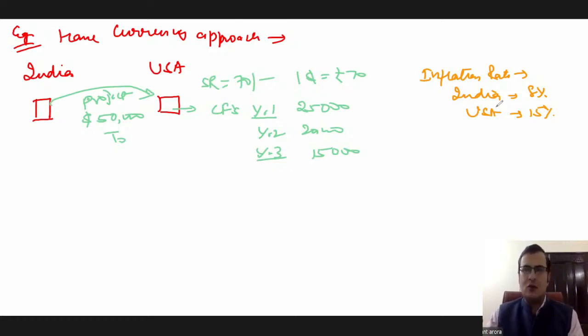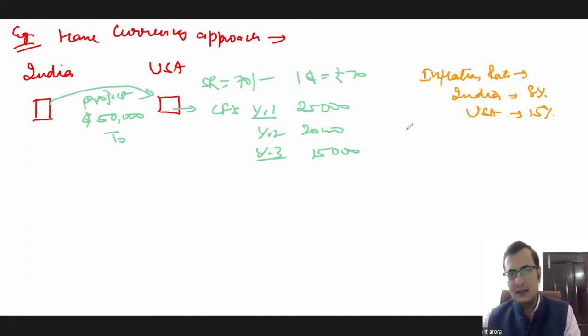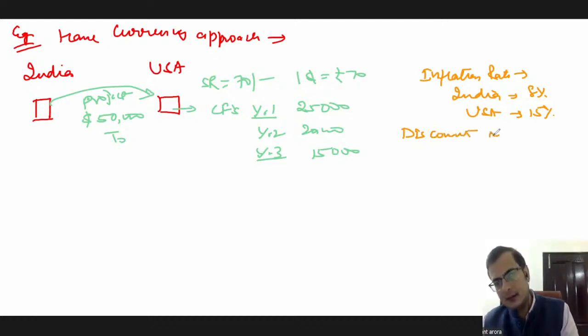And in USA, if you are getting, let's say, onion for rupees 100, you will get it at 115 rupees after 1 year. Do not get confused. And you are also given an interest rate, discount rate also, because we are not using that discount rate. These are all examples.